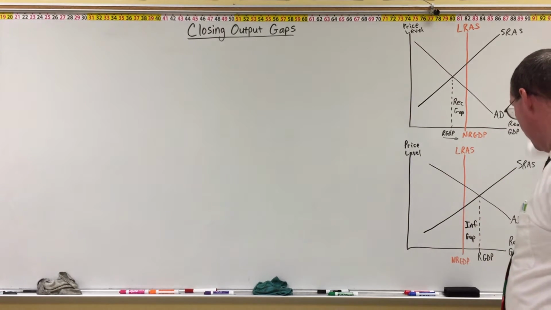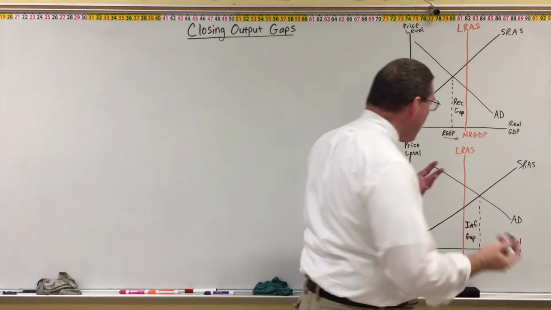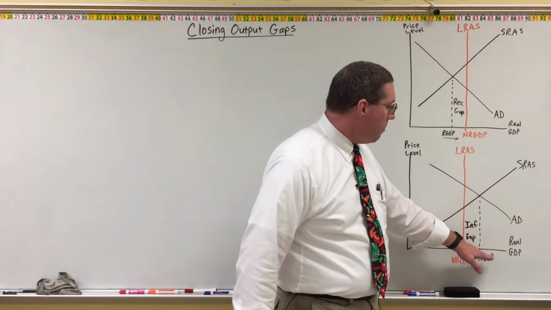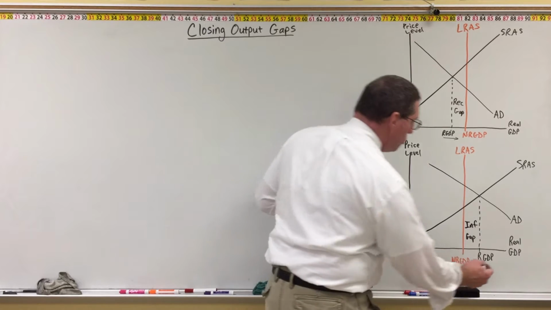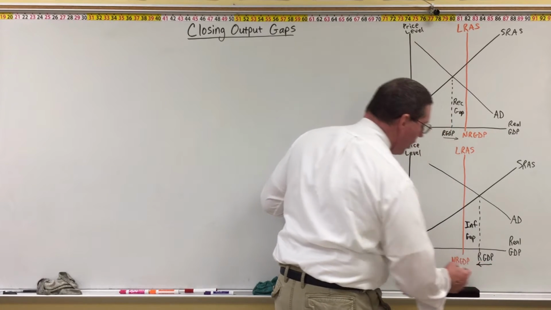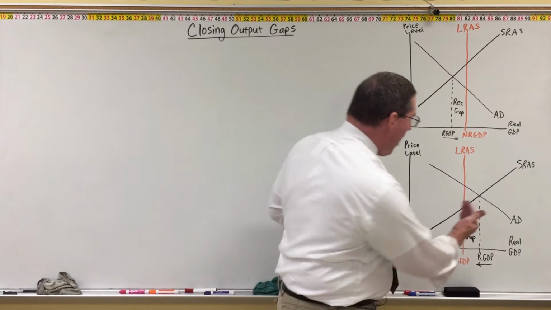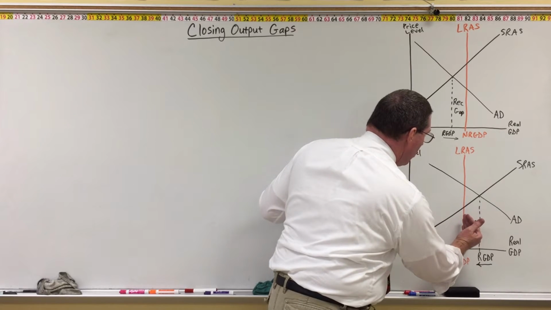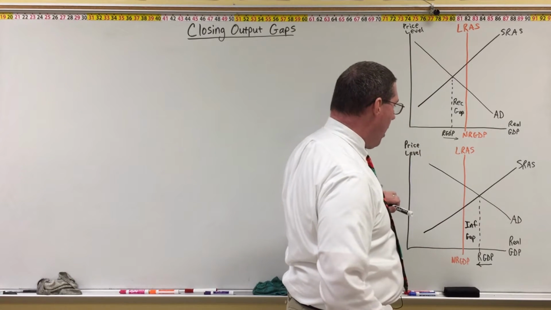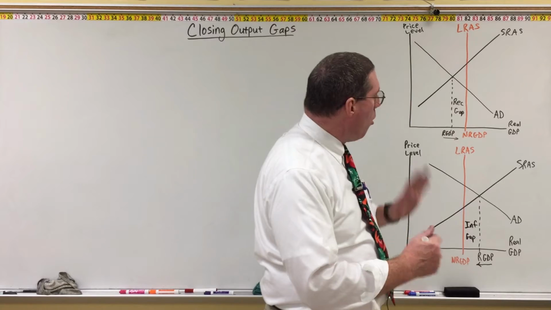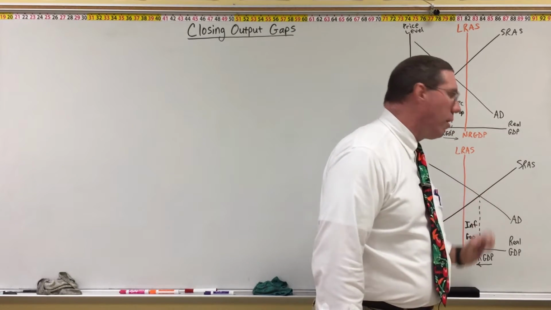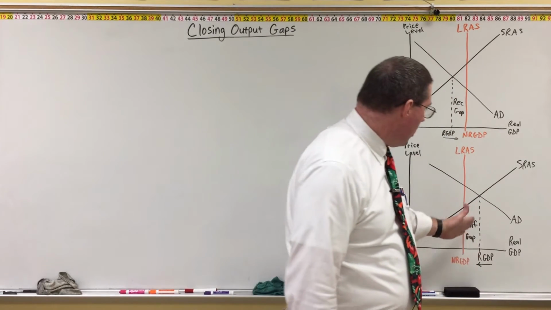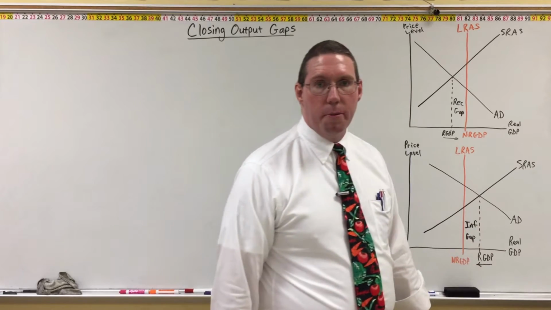Down here on the inflationary gap, we have the opposite problem. Real GDP is too high. We want to decrease real GDP and bring it down to where it is equal to long-run aggregate supply. Now you may be thinking, well, why don't we just increase long-run aggregate supply so that it equals where short-run equilibrium is?